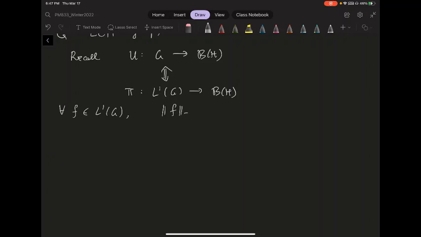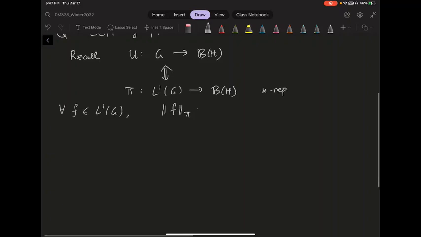Let's call it the pi norm, using this one particular representation. So this is a star representation, and you let it be the norm of pi of f. It's an operator in B of H, so we use that as the norm of this L1 of G.